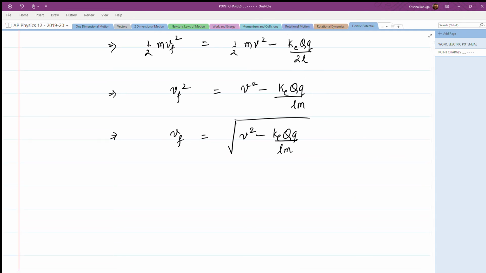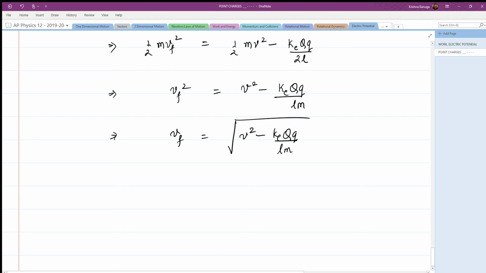Now, another question that we could ask is, at what distance will it stop? As it comes closer, since this force is becoming larger and larger, at some distance we expect the particle to stop moving. So let's calculate that distance now.